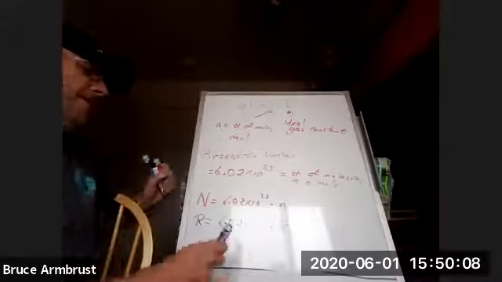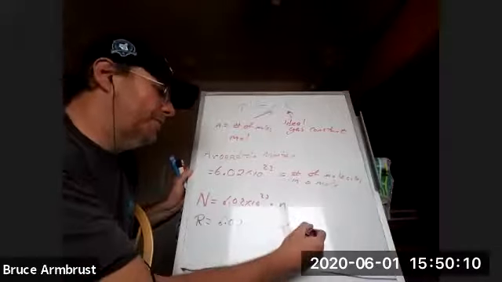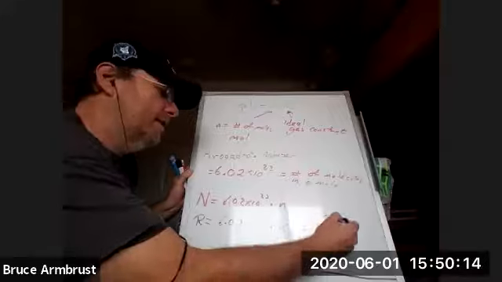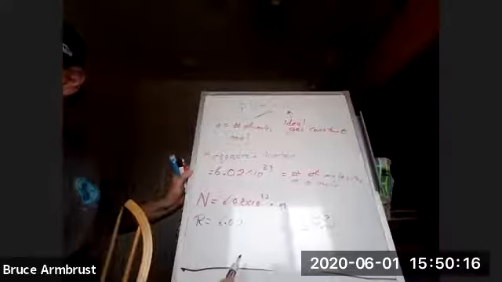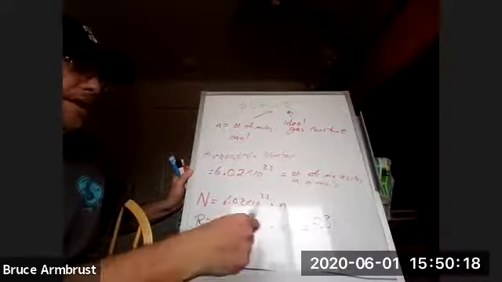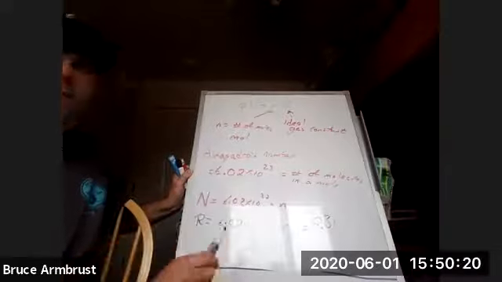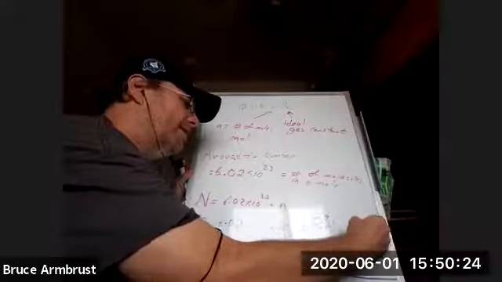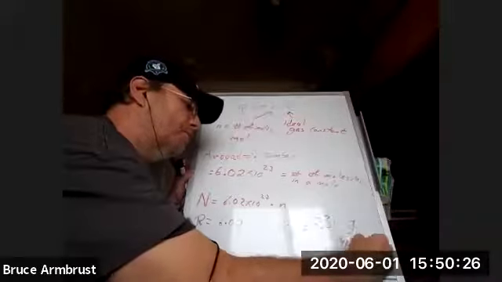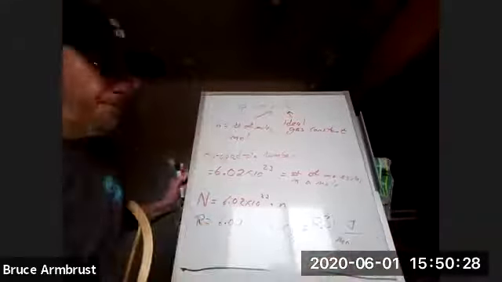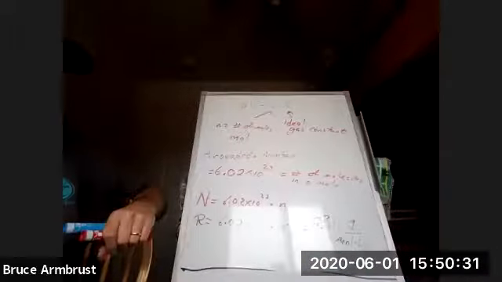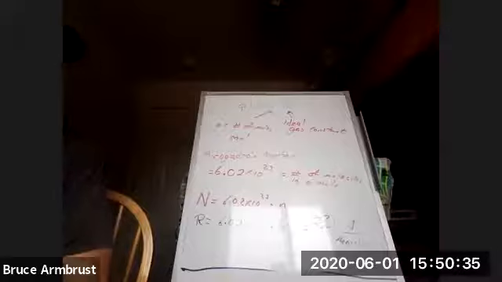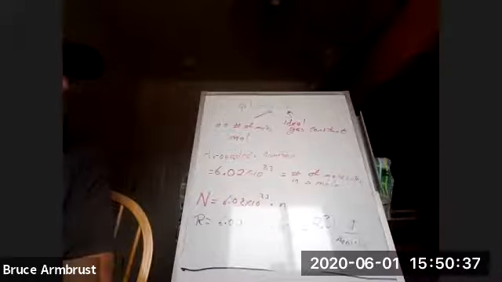So this big R then, if you were to actually multiply those out, you get 8.31, not times 10 to anything. It's just 8.31. And this is, instead of joules per Kelvin, it's joules per mole Kelvin. So it's got slightly different units, but it really is kind of playing the same role.